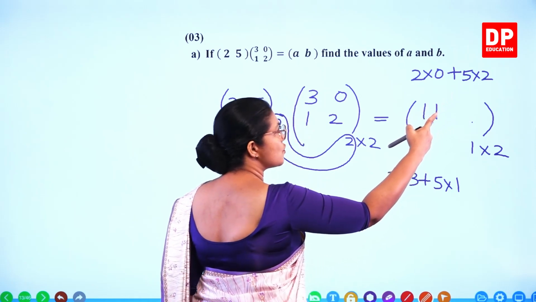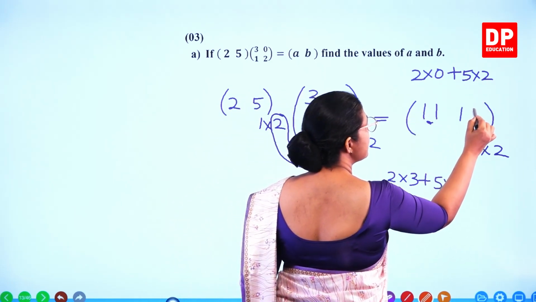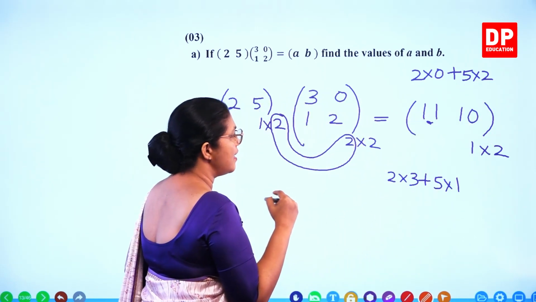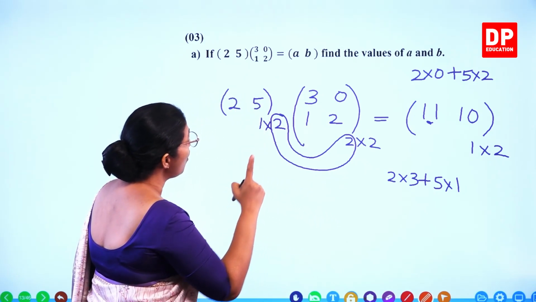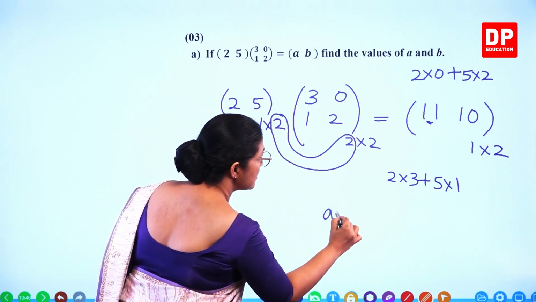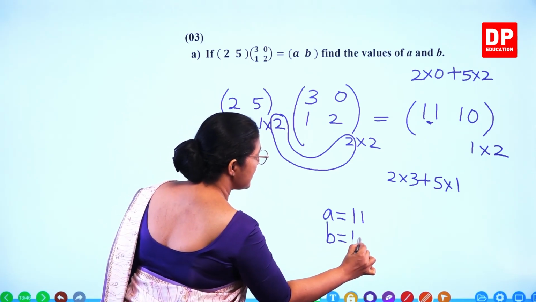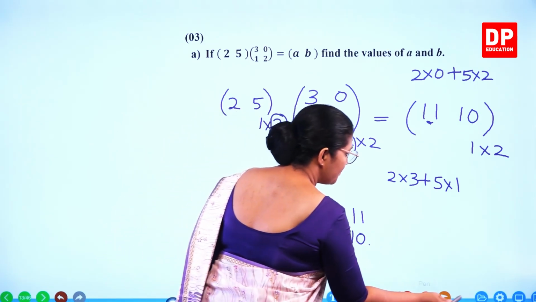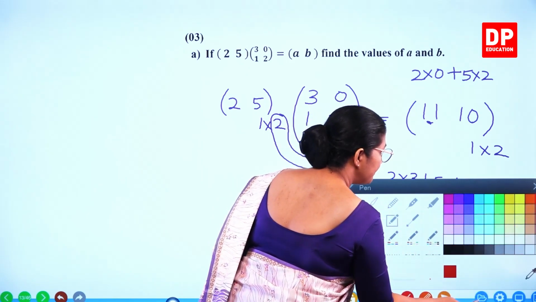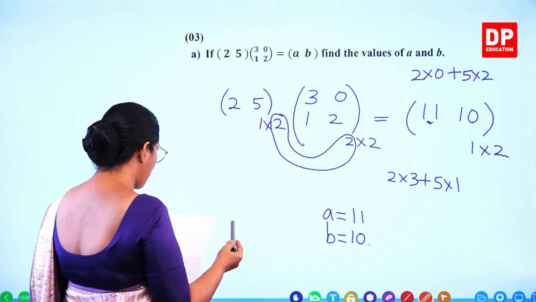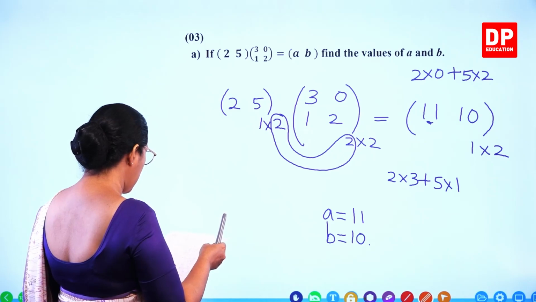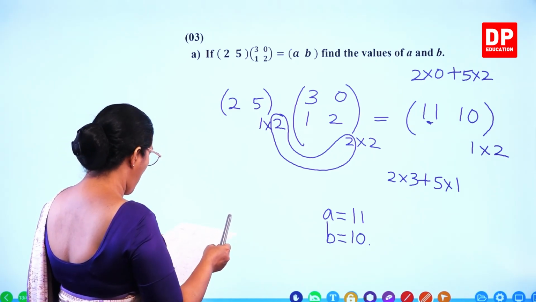So 0 plus 10, that's 10. So this answer is 10. So what is A? According to this one, A equals first value, B equals the second value. That's 10. How many marks? For this part, you can get 2 marks.